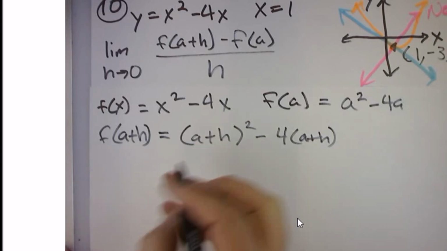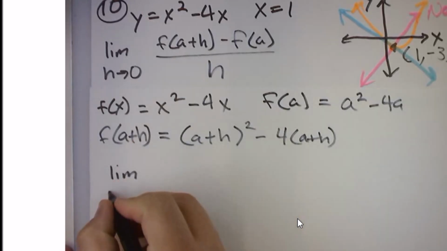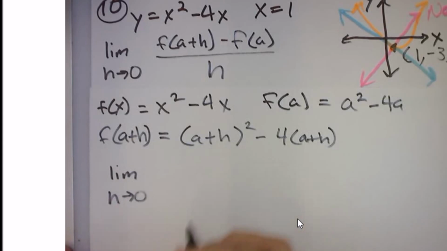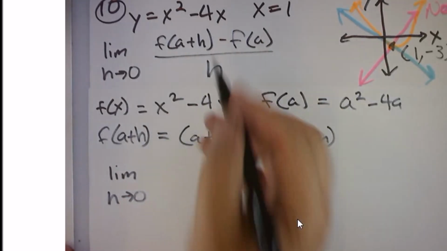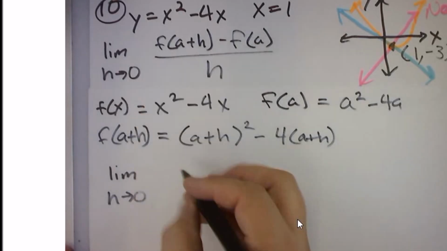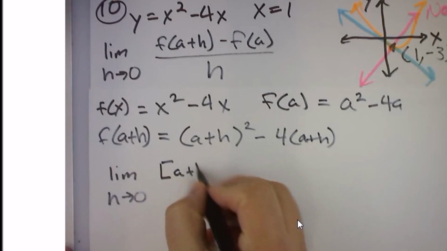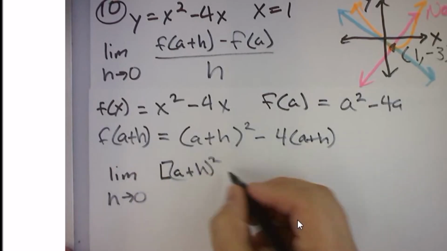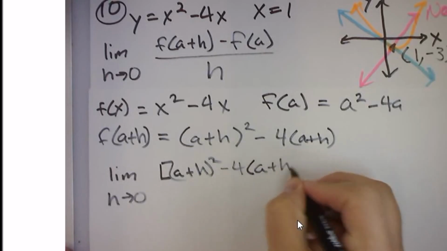So when I go to take the limit of all this stuff as h approaches 0, what's this stuff? Well, f of a plus h is really a plus h squared minus 4 times a plus h.